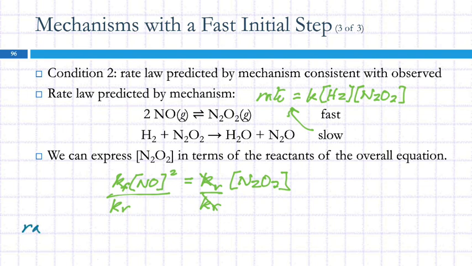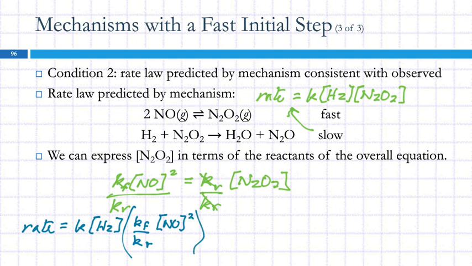So the rate is equal to my rate constant times H2 times kF over kR times NO squared. You okay with that?